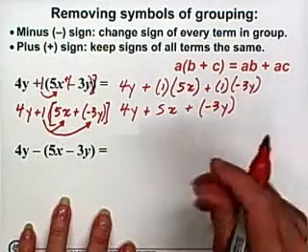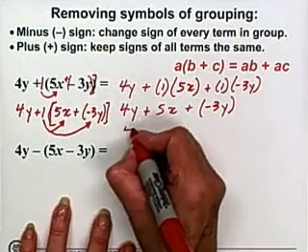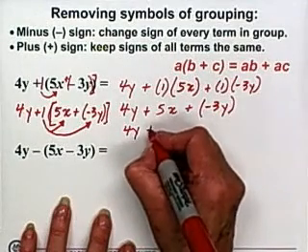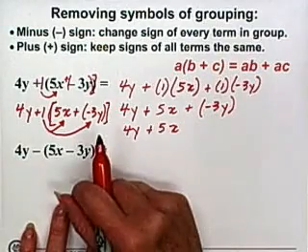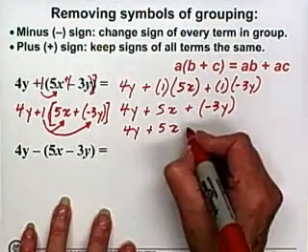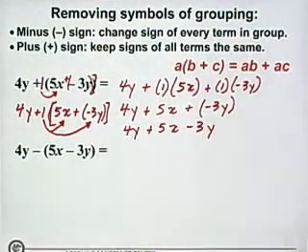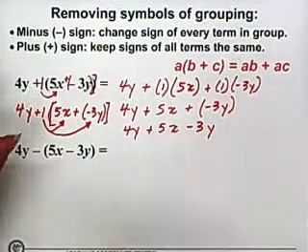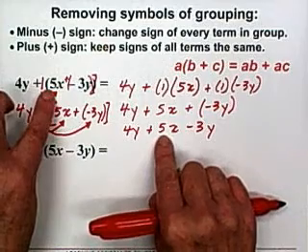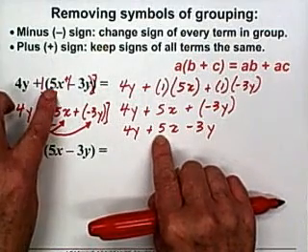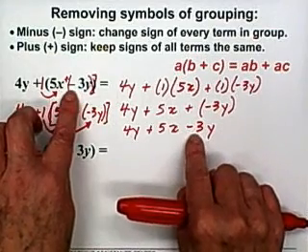Now we're just going to rewrite this one more time to get rid of this bracket. 4y plus 5x. The plus times the minus 3y gives us a minus, so this becomes minus 3y. Now you can see by looking at this, a little bit hard to see because I made a bit of a mess here, but you had 4y, you had a plus 5x, so we have a plus 5x in our answer. We had a minus 3y here, and we have a minus 3y in this answer.